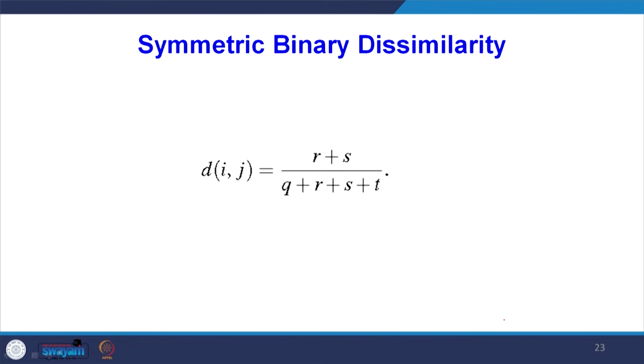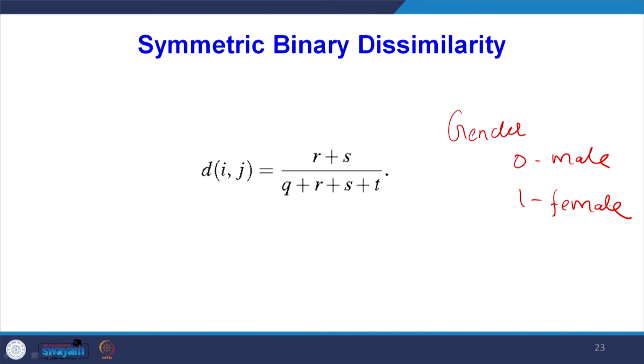Now, the dissimilarity between symmetric binary variables. What is the meaning of a symmetric binary variable? An example is gender, suppose 0 is male, 1 is female. You can reverse the code also, there won't be any problem with this.